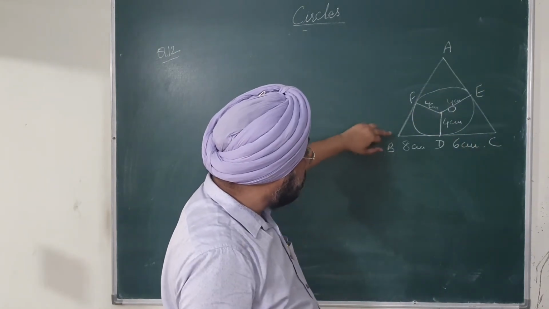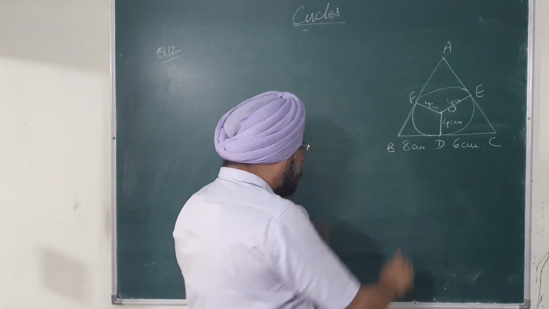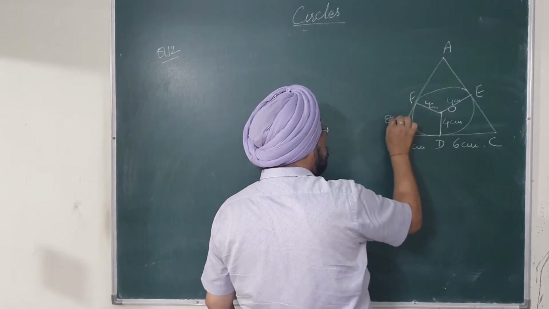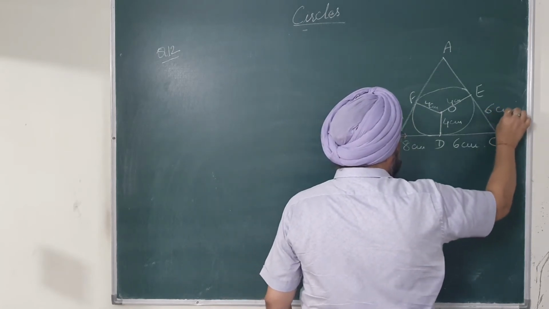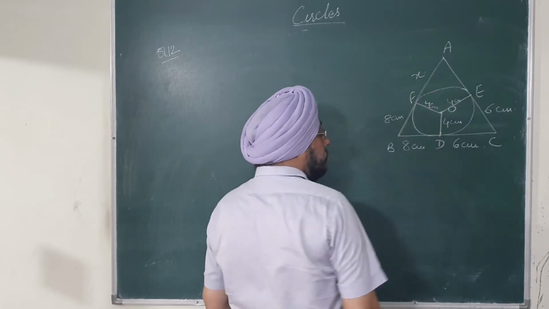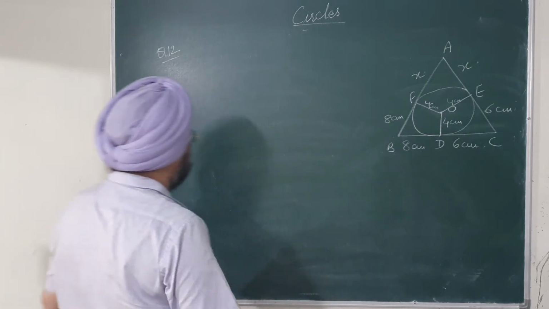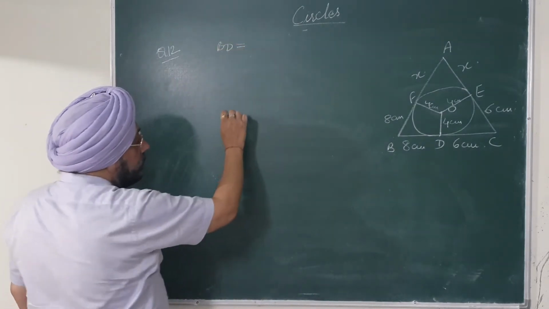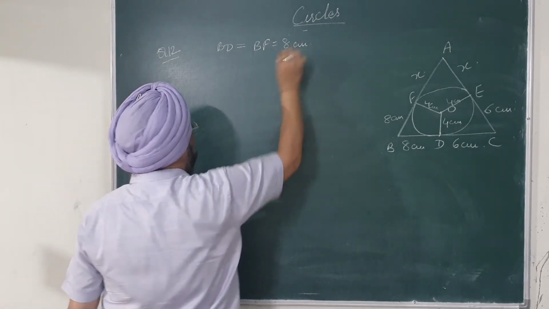Since we know that the tangents drawn from an external point to the same circle are equal, it means if BD is 8 centimeters, then BF also becomes 8 centimeters. If DC is equal to 6, CE also becomes 6. So let us consider AF as X, so that AE will also be equal to X. So let us see how to start this question. BD is equal to BF, both are equal to 8 centimeters.